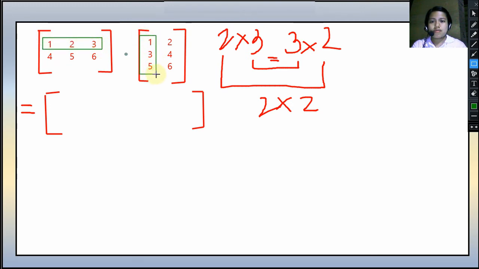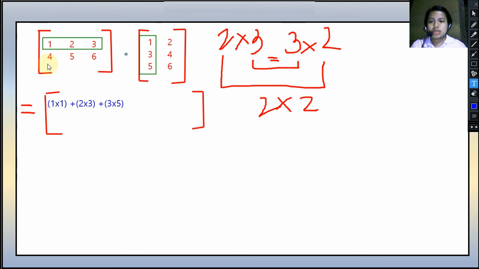The product of this would be the first entry of our product matrix. So that would be 1 times 1, plus 2 times 3, plus 3 times 5. So this is the first entry of our product matrix.